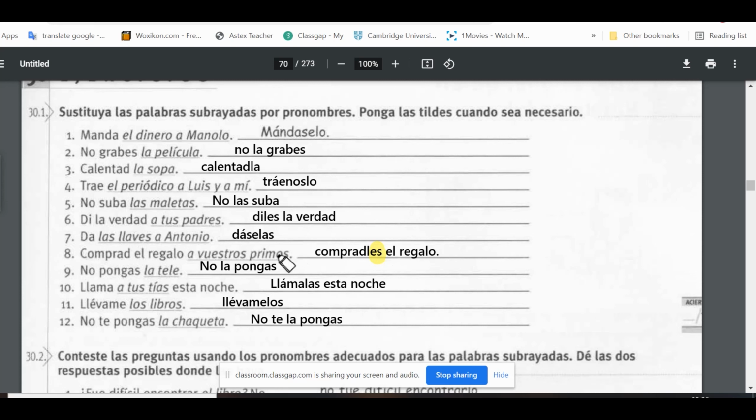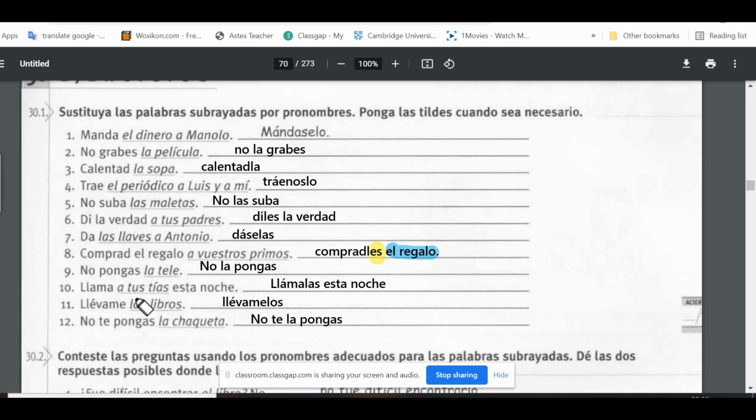If you talk about primo, this is masculine, yeah? The reason is what you buy is not your cousin, but the present. So this is like the second object. It's the receiver. It's not the thing that the action is being applied on.